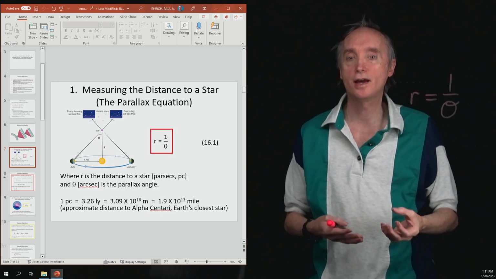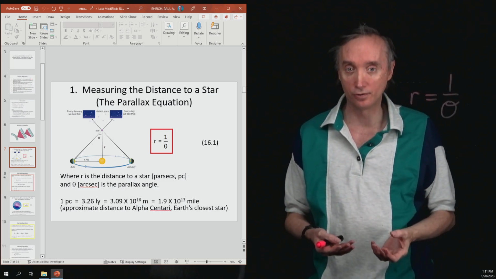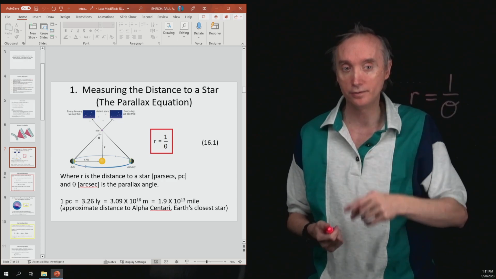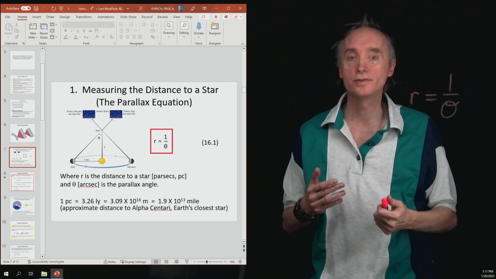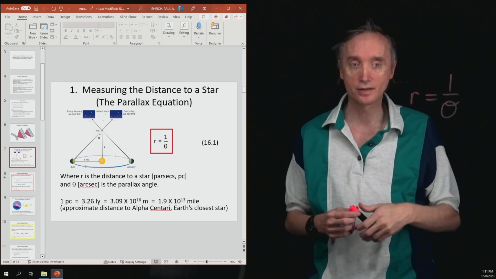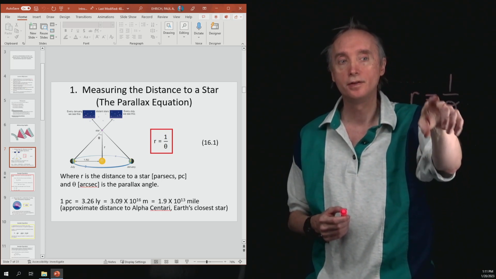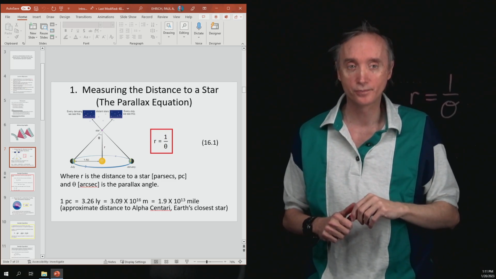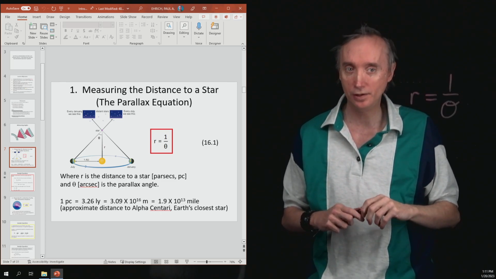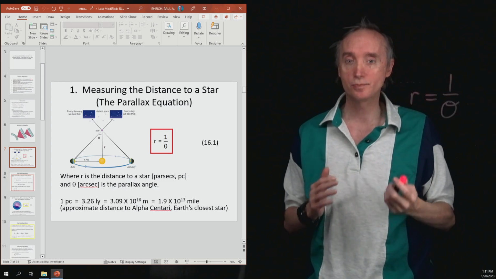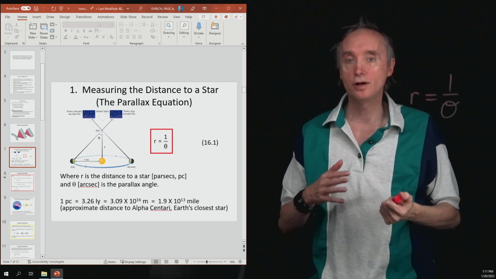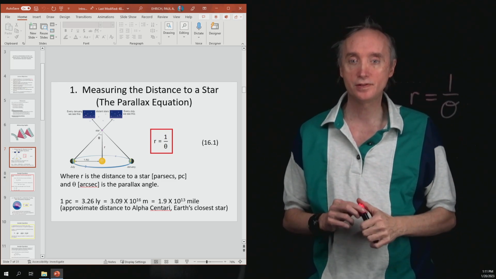We're just going to say that they can measure that angle, and that's going to be theta, and it's going to be in arc seconds, so that thing that had the double tick mark. And then when we plug it in, the distance r is not going to be in meters. It's going to be in a special unit that's going to be called the parsec, PC.